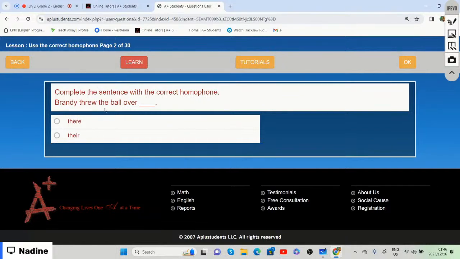Bradley threw the ball over. Do we say over there, which is option one, or there, which is option two? So there, is it the first option there or the second option there?